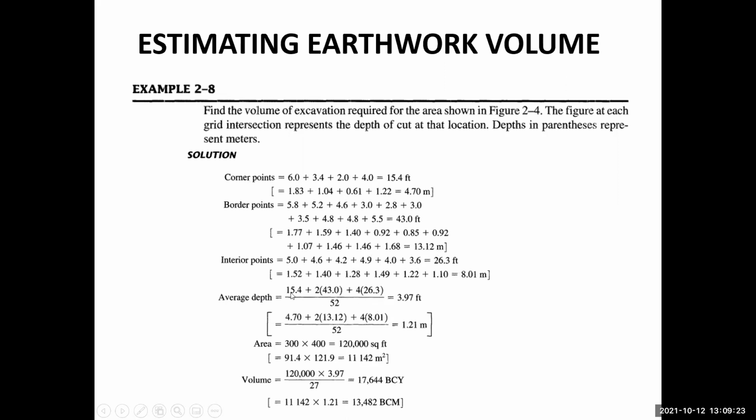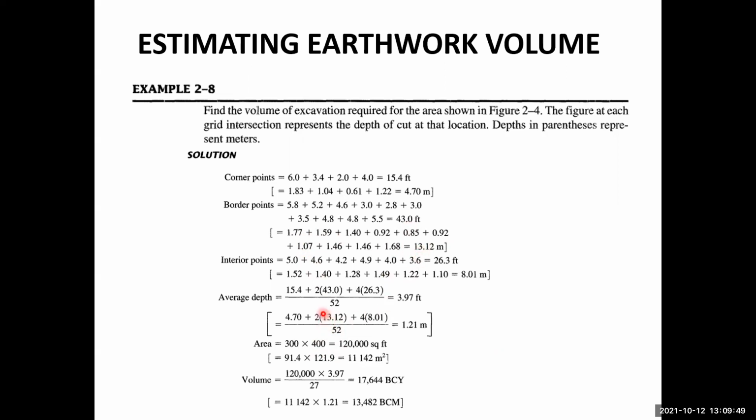We take the sum of the corner points and multiply it by its weight, which is equal to 1. So of course, 15.4 times 1 will be 15.4. We take the border points; the sum of the border points was 13.12 meters.